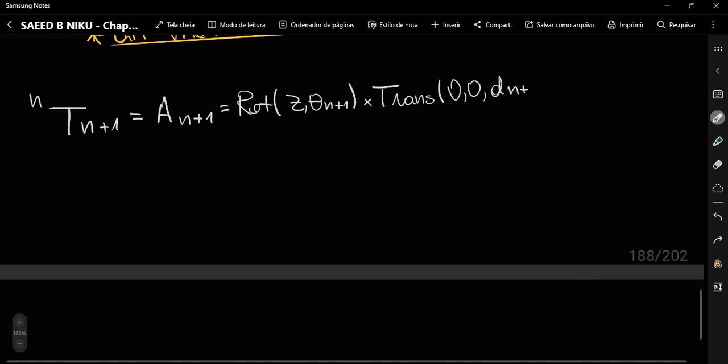Let me explain this: we don't have x, y, we have just z, and as it is just alongside the zn axis, we just have this component.